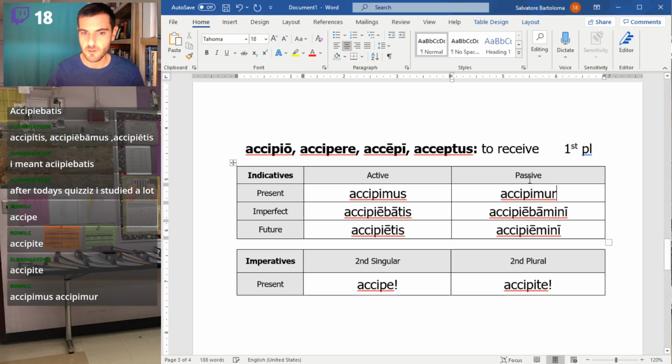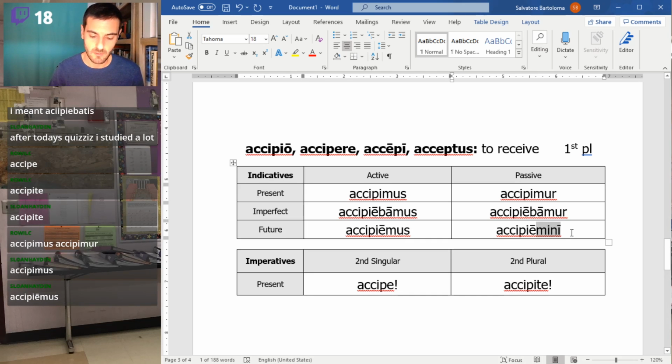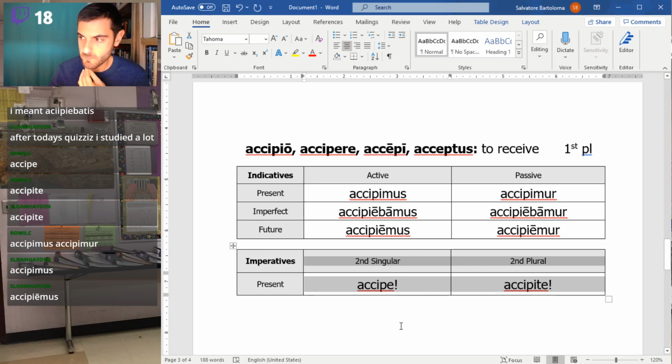So we're just changing our tis to mus and mini to mur, right? So we're just manipulating our endings here, right? All the vowels and stuff stay the same, and these guys we don't mess with. We leave them alone. They're good to go.